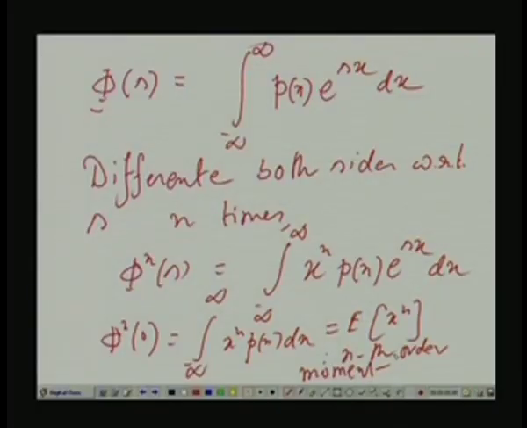We can use it: first you differentiate with respect to s n times, then put s equal to 0, and what you get is the nth order moment. So once again, see this formula: you differentiate the function phi underscore s n times and then put s equal to 0, that will give you the nth order moment.